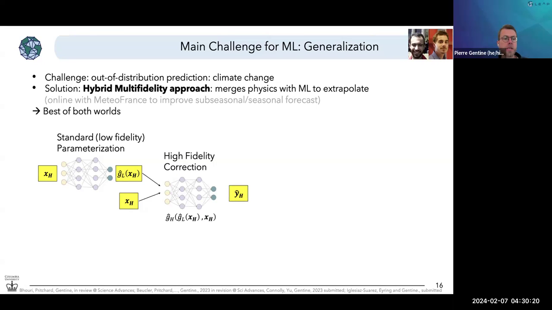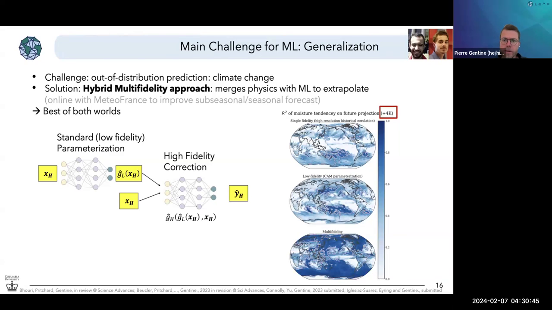That could also be coming from satellite observations. And when you combine those two together, you're really getting the best of both worlds: the capacity to predict and to extrapolate coming from the physical component, and this nice tweaking due to the high fidelity correction, which is based on very high quality data in the past.